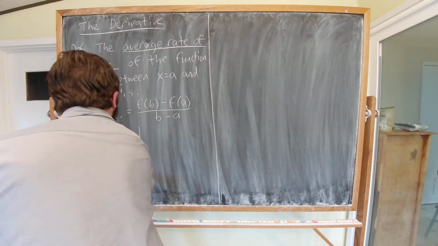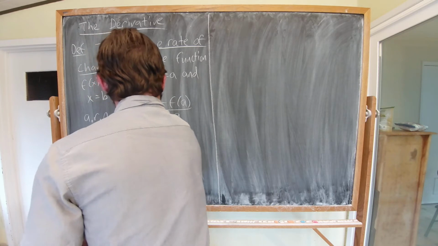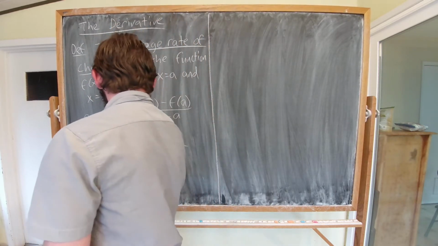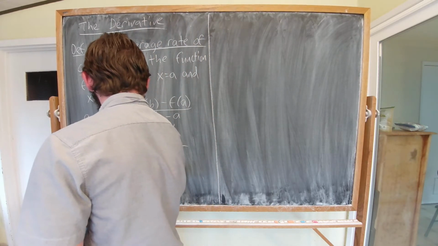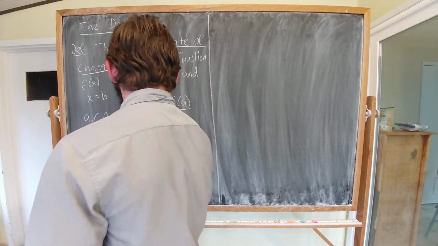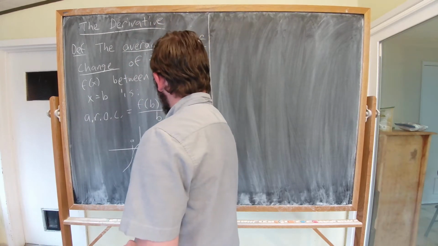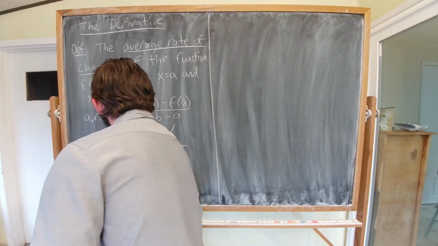If we graph a function f, and let's say a is here and b is here, we have this point and this point.